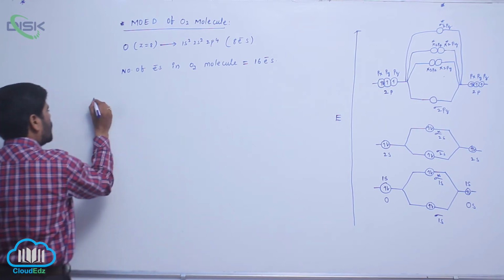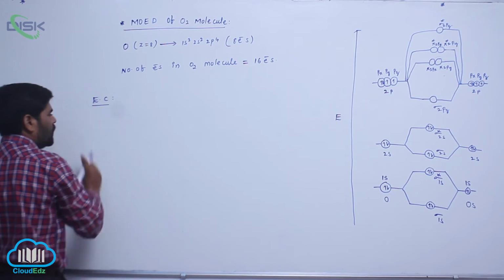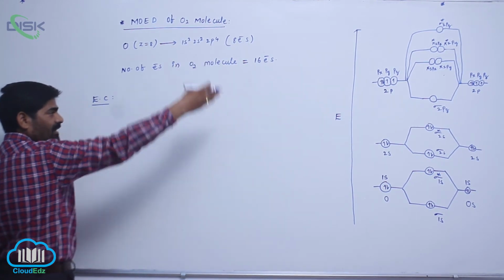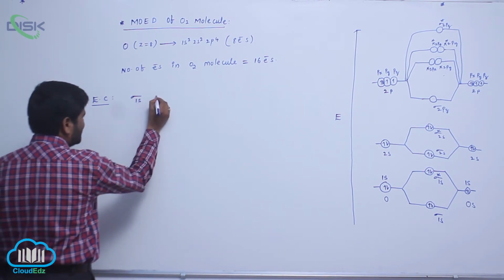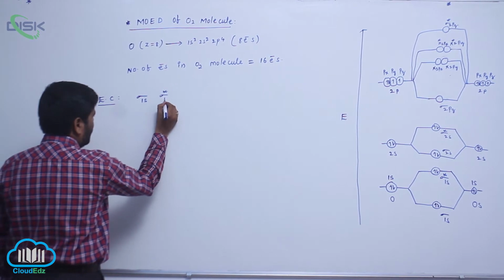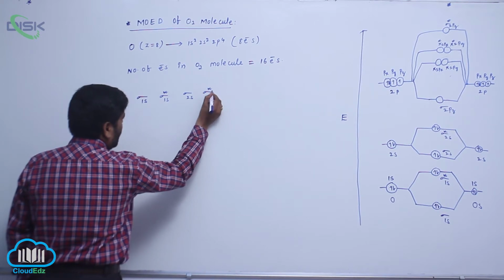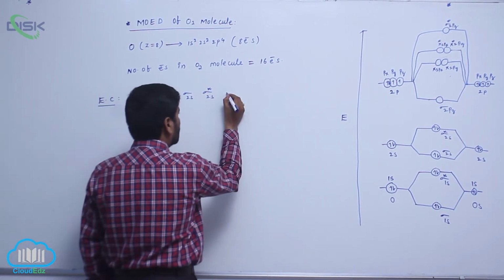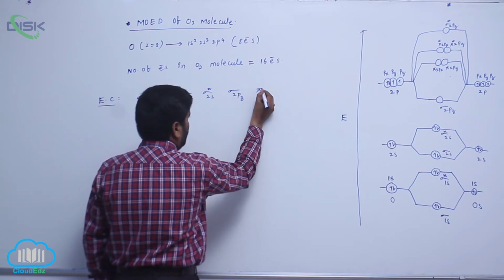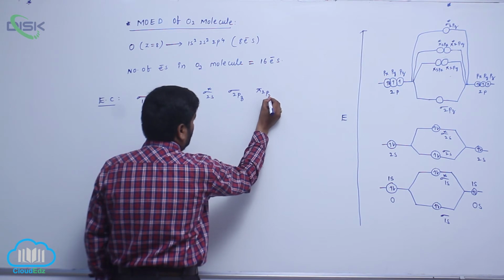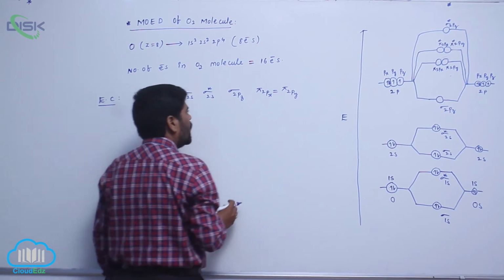Now electron configuration of O2 molecule. We have to follow this particular diagram, that is sigma 1s, sigma star 1s, sigma 2s, sigma star 2s, sigma 2pz, then pi 2px equals pi 2py.